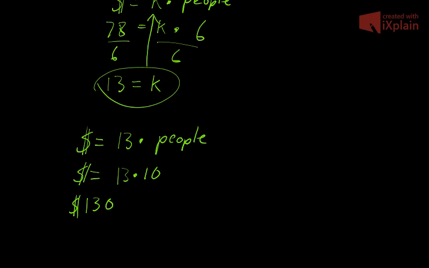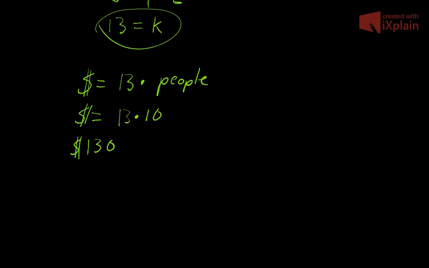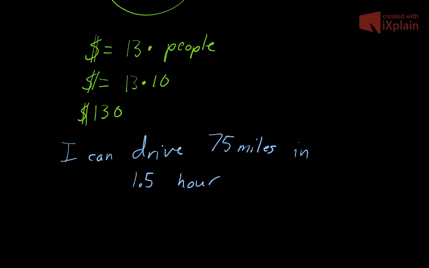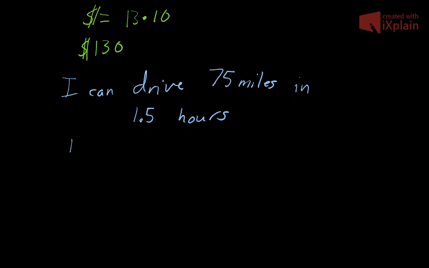If I drive, for example, we'll do one more. I can drive 75 miles in 1.5 hours. And then I want to know, how long does it take to drive 100 miles?